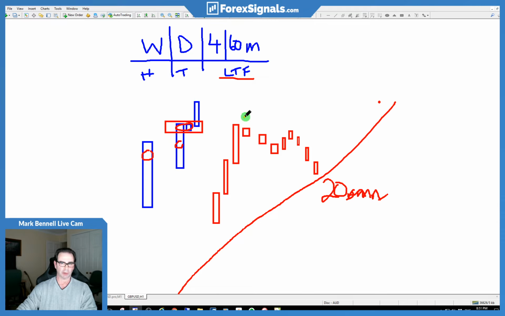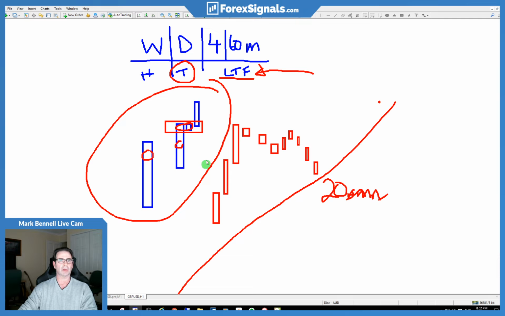If we get this structure on the daily, we need to wait for another setup in this region here. You'll get them, right? But it's too early to enter because this is the trading time frame, not the entry time frame. So just try and picture what the multi-time frame looks like. The weekly's hardly anything. The daily might be one bar, right? So this is our ABC here on, say, the 4 hour.